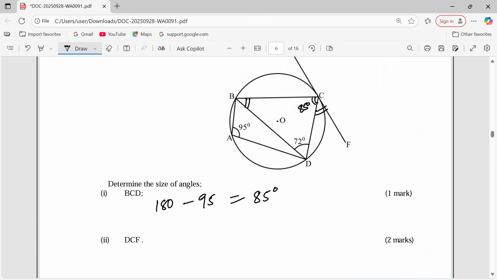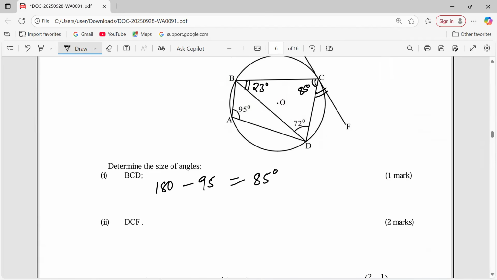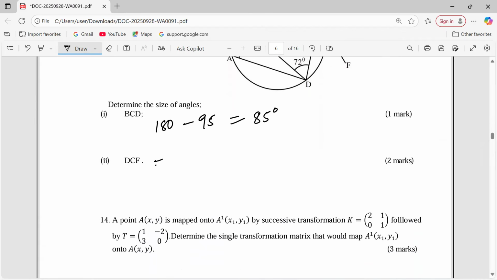So we need to take, inside a triangle, 180 minus 85 and 72. This shall give us exactly 23. Now, if that is 23, then the angle here is also 23.